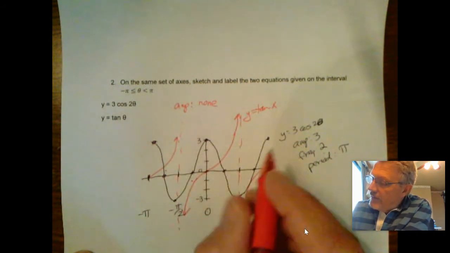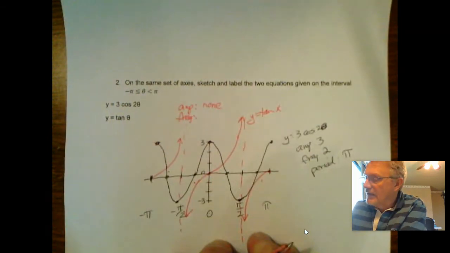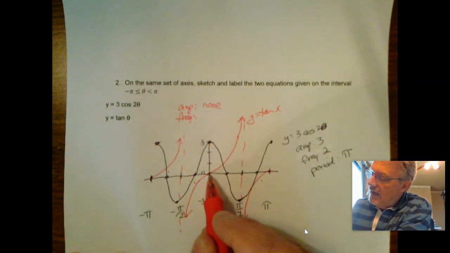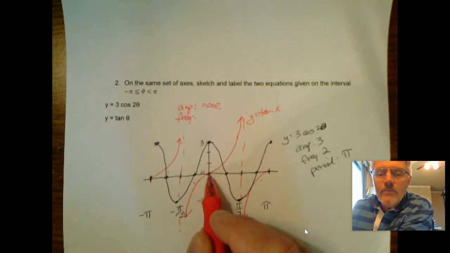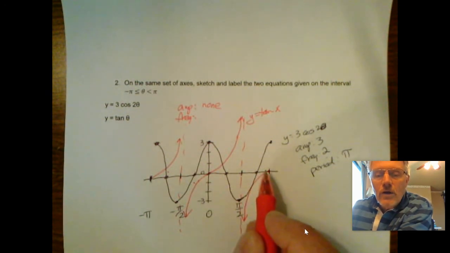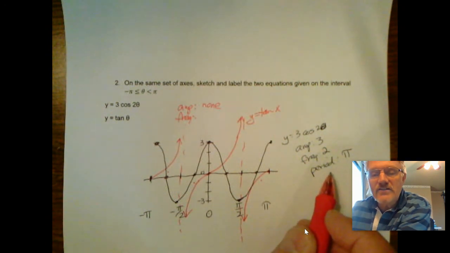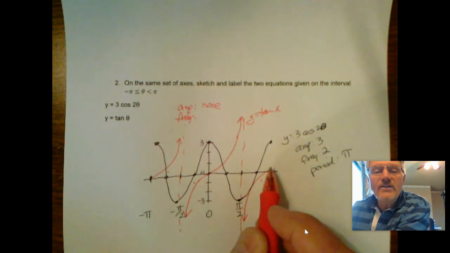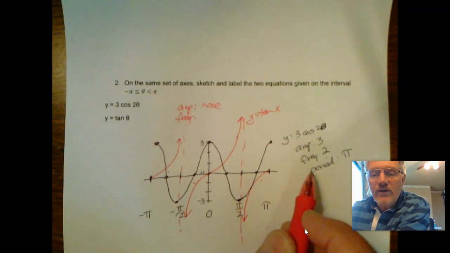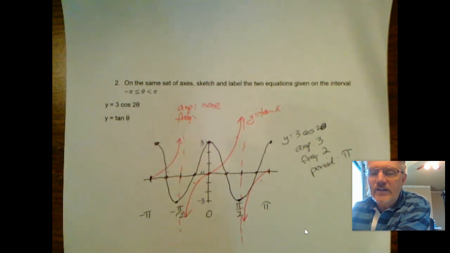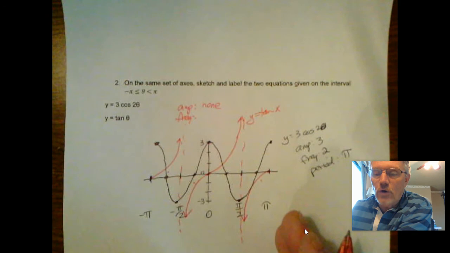And then the frequency, again, we don't normally do this, but my normal length is from 0 to pi, and then from pi to 2 pi I see the same thing again. So that's actually 2 cycles of the graph. So for tangent, the frequency is how many times you see the normal graph.